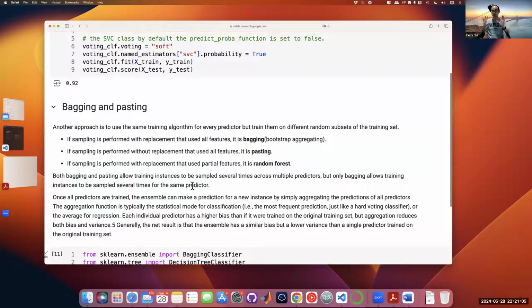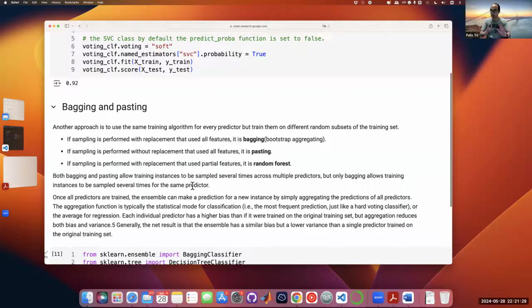In a voting classifier, we have the same data set but different models, for example logistic regression, SVM, and so on. The algorithm is different and the classifier is different.